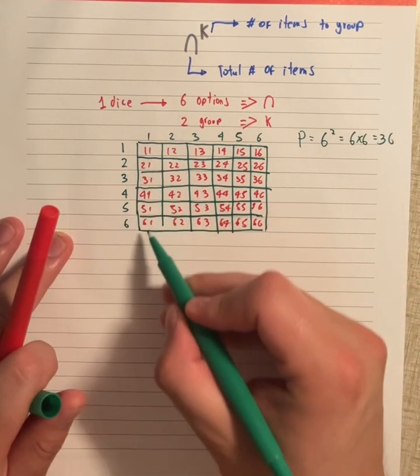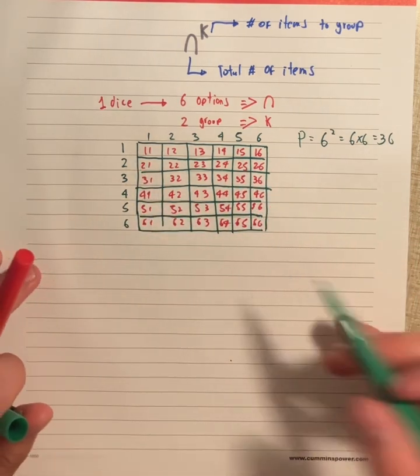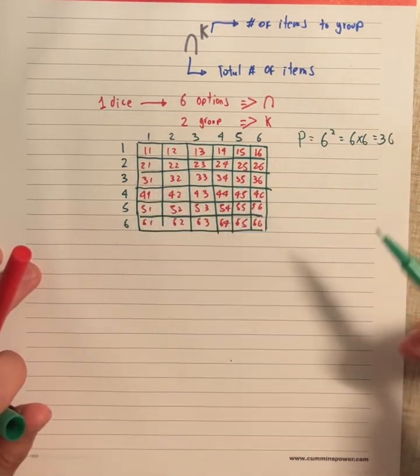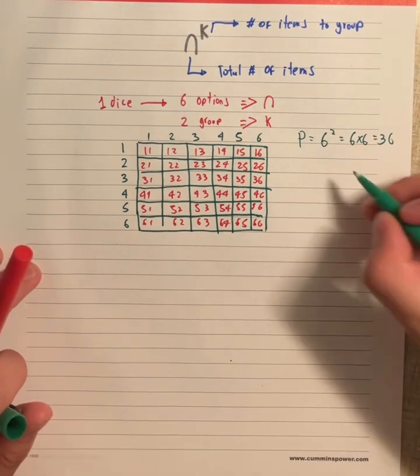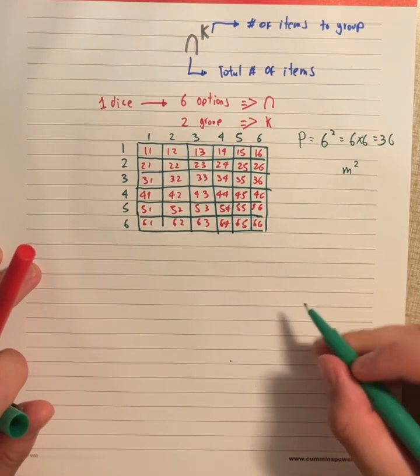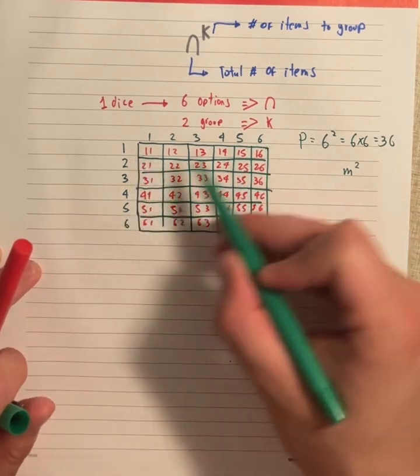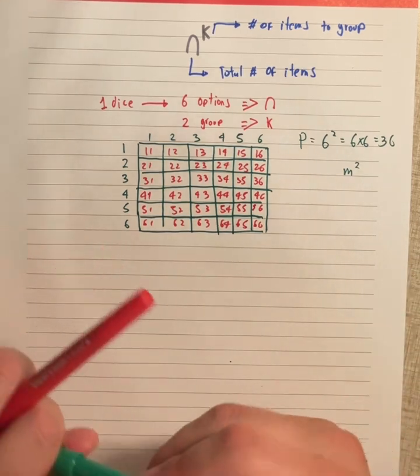The reason it's nice to look at it this way is because you can think of it as the area. The area is always in square units, like meter squared, for example. So it's a nice way to represent all that area. That's how we get that.